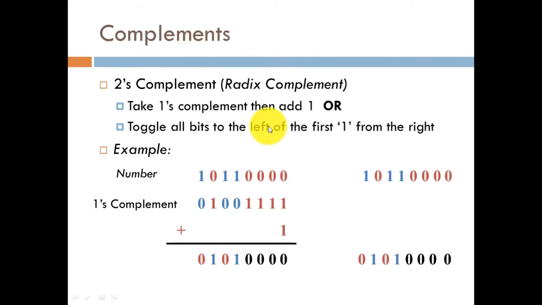This is a shortcut method that I have tried to make you understand, and in this example you will get the complete insight into what I talked about in our last slide. Take the 1's complement and then add 1.